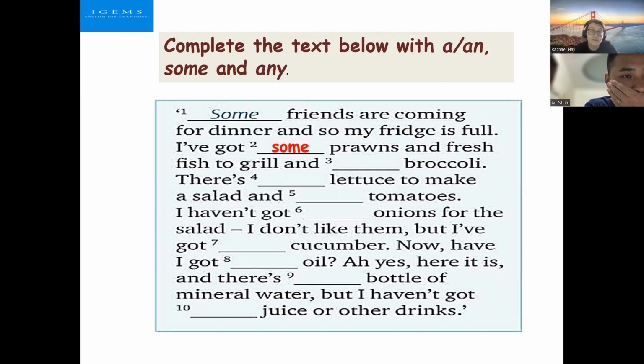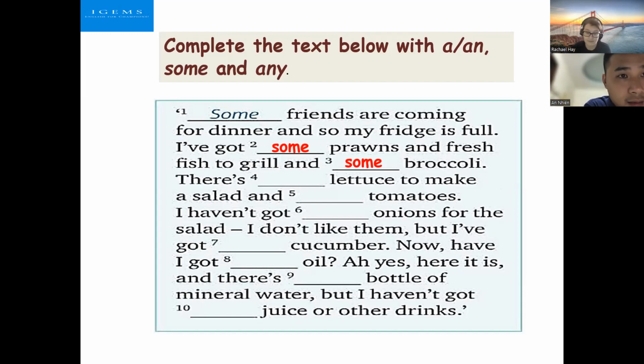Okay, and fresh fish to grill. And broccoli. Okay, so what goes at number three? Some broccoli, good. There's lettuce to make a salad.